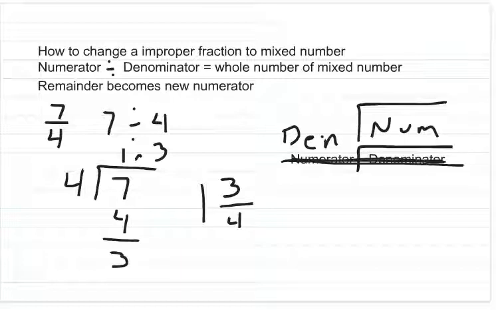Alright, so we're skipping a page. We're going to do a few examples together. So if I have the fraction 9/5, how am I going to do that? Well, remember that that's going to turn into 9 divided by 5, and this is my dividend right here, and this is my divisor.